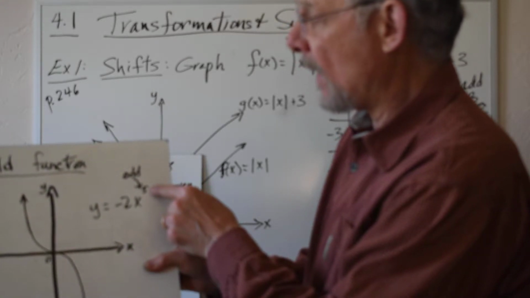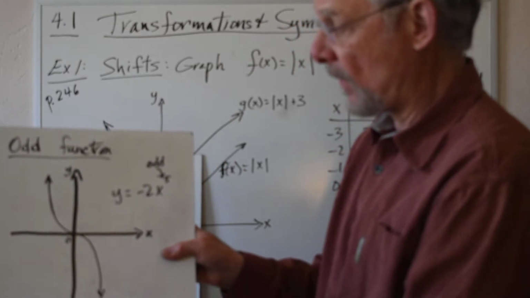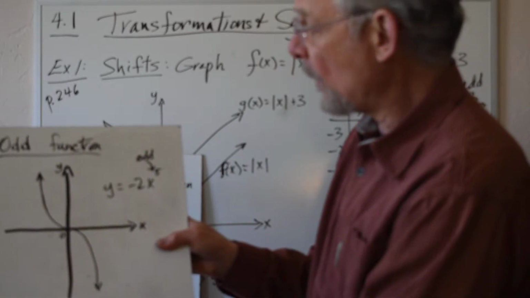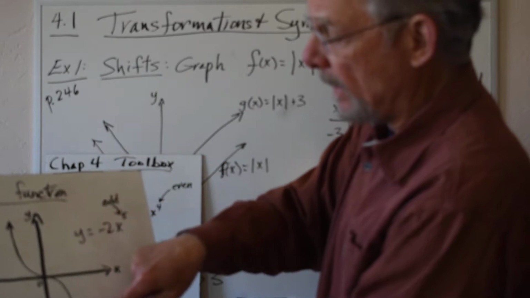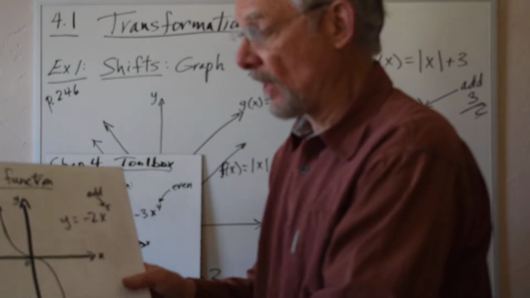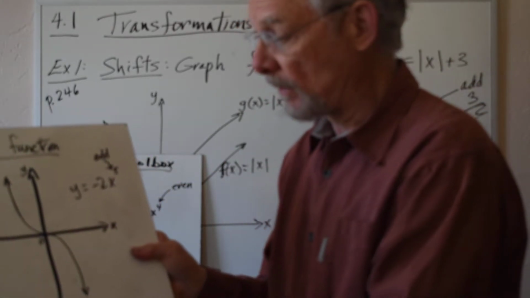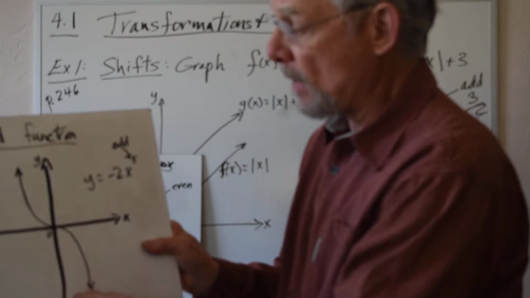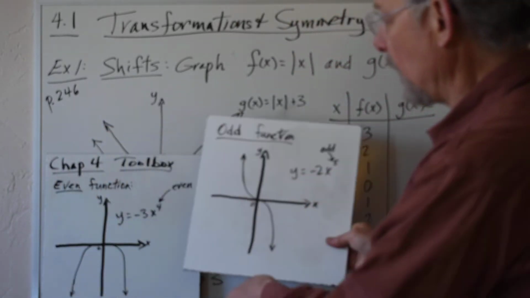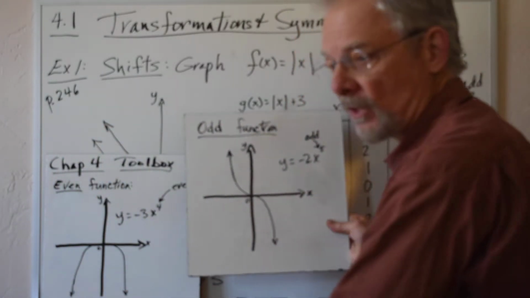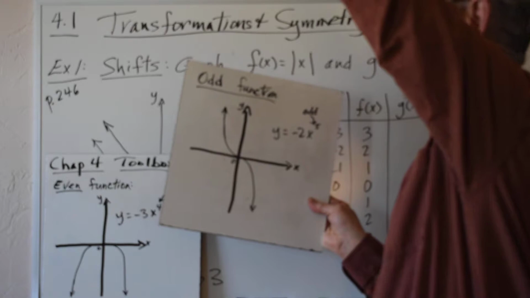If you have an odd exponent, you'll have an odd function. An odd function will have a different shape where the two ends of the function, of course they never end, they run off to infinity, but these two branches of the functions go off in different directions. Notice in an even function, they're always going to go off in the same direction, either down or up.